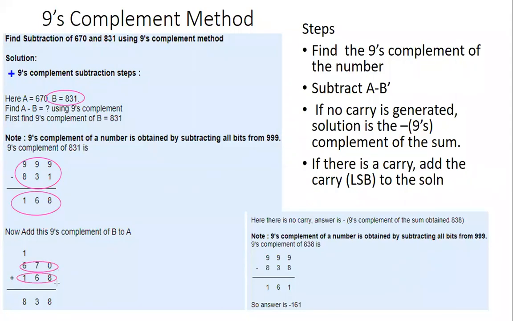This is decimal. So I'll get 838. Now do I have a carry over here? No carry. If no carry is generated, the solution is the 9's complement of the sum with a negative sign. So take the 9's complement of 838, add a minus sign, and that will be the solution.